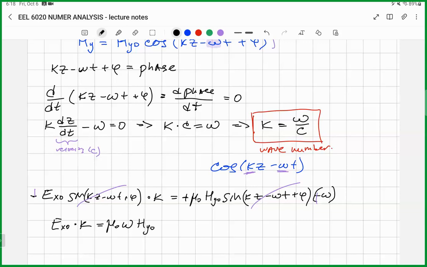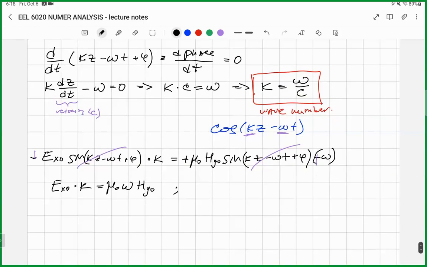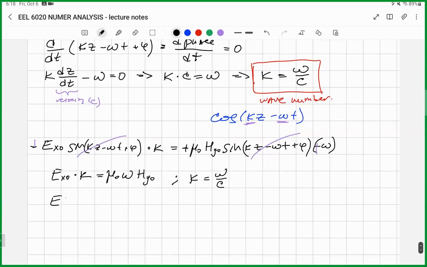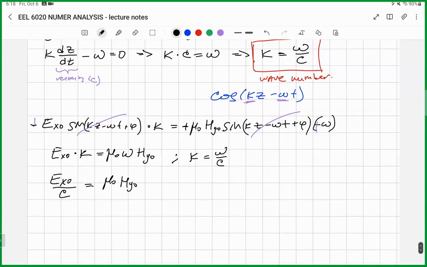Now I substitute k, which is omega over c, into this formula, and I can cancel the frequency in both parts. So I get the electric field amplitude over c is equal to mu 0 H y0.